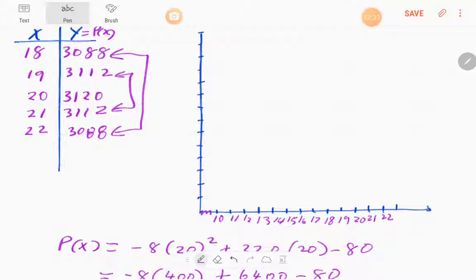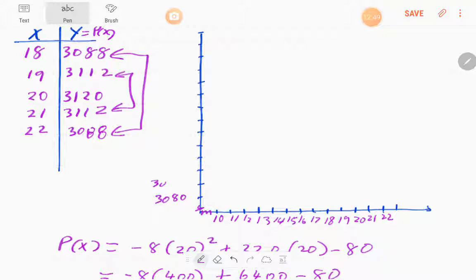And then over here, I could break this off and start at, let's say, 3080, and let's go up by 10 units.